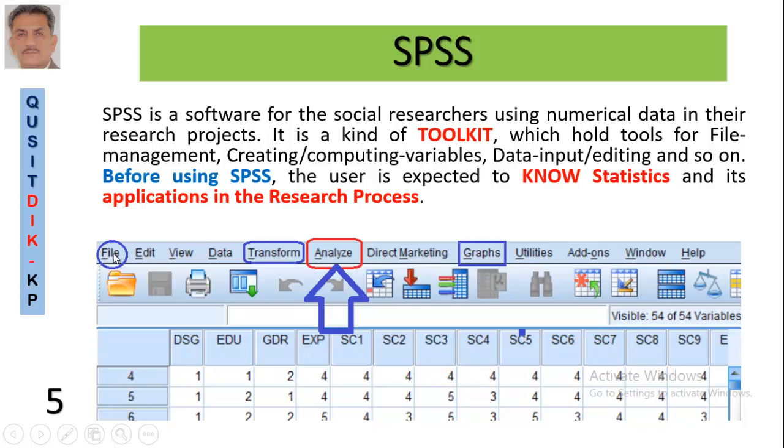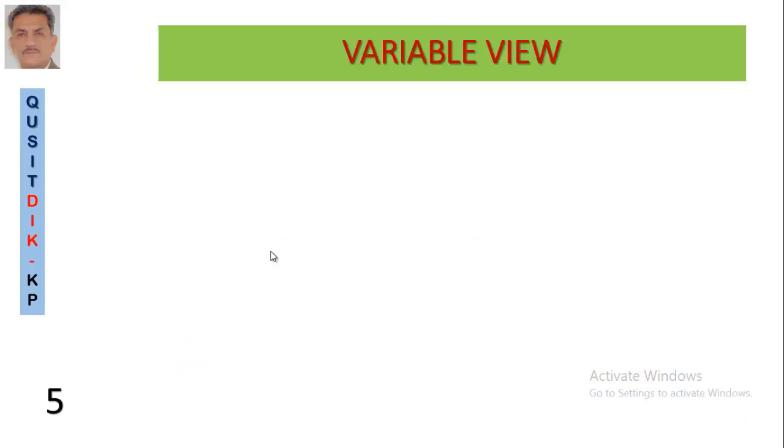When you click it, a drop-down window comes and there are several functions. You can use any of them. In most of our analysis, we will use the File toolkit, Analyze, and Transform. Transform is what we use for computing the computed variables.